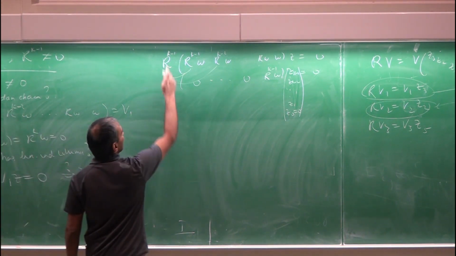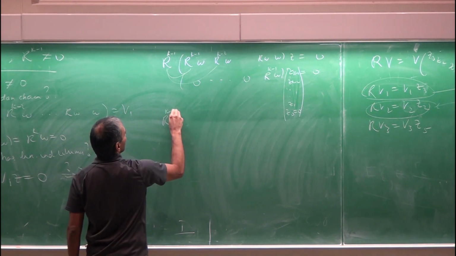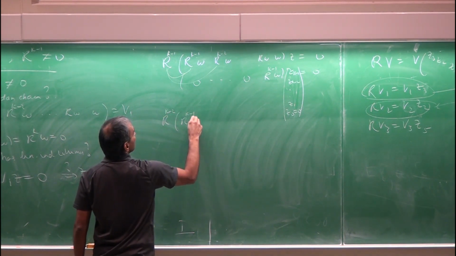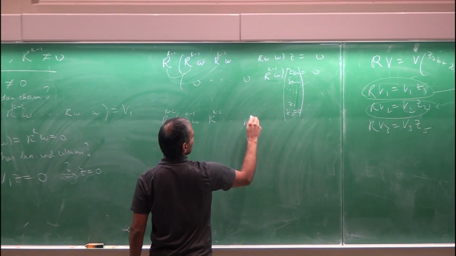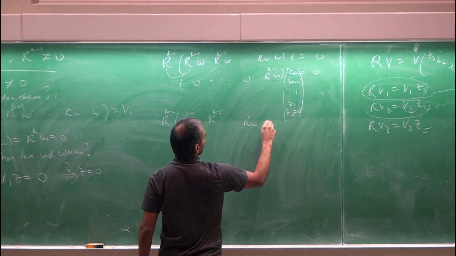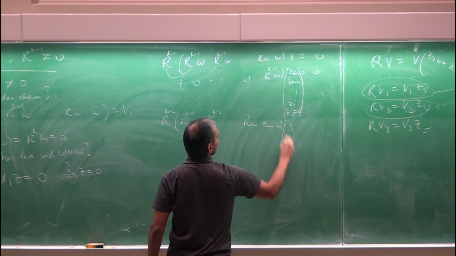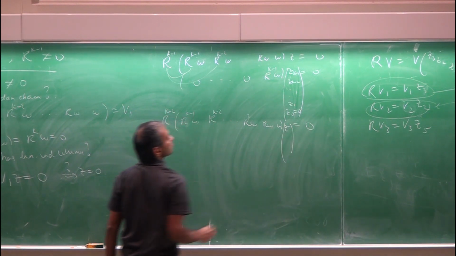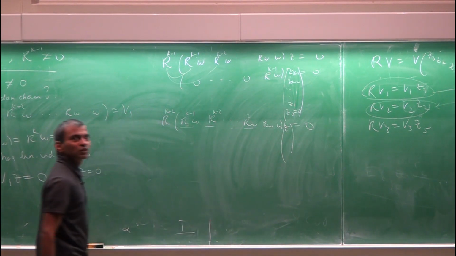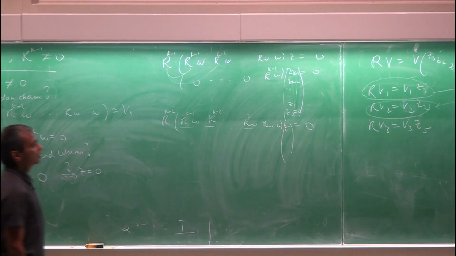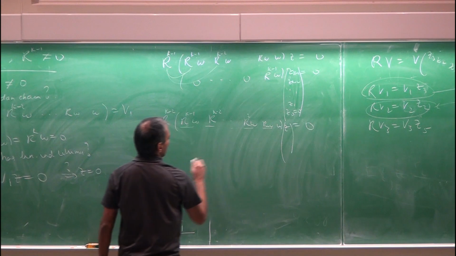Then we do the same trick, but now we multiply by R to the power k minus 2. So if we multiply by R to the power k minus 2 instead, we get R squared w, Rw, and w, and then z is equal to 0. You see all of these components will again go to 0, because they have powers of at least R to the power k. But this component will be R to the power k minus 1 w.